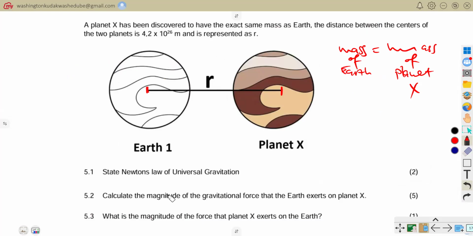Now they are saying, calculate the magnitude of the gravitational force that the Earth exerts on planet X. So you would see that F is equal to G M1 times M2 all over R squared, where M1 is the mass of planet Earth and M2 is the mass of planet X, where we have been told that M1 is equal to M2.